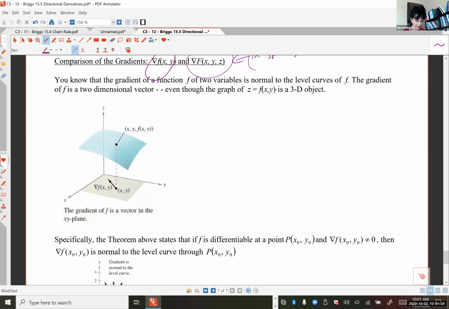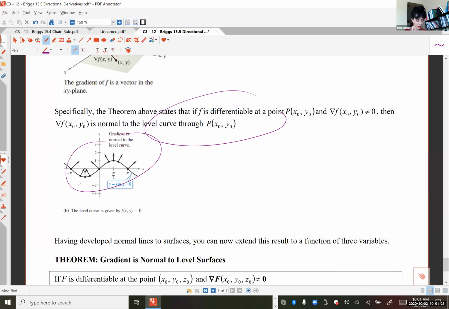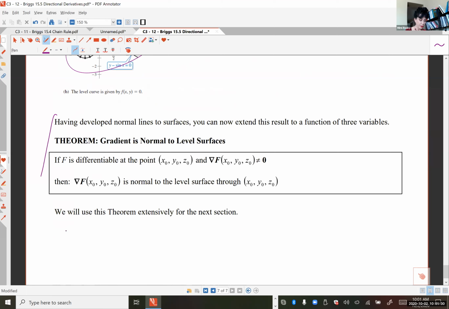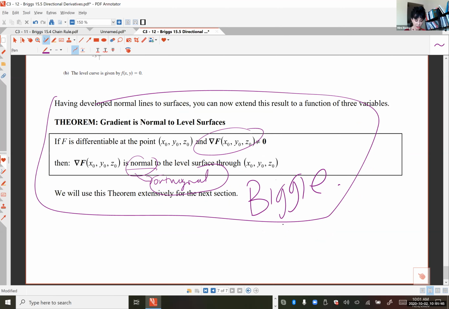You may want to read this a little bit. They're reiterating that gradients are always orthogonal to level curves. And the final big theorem is that 3-variable gradients are normal, aka orthogonal, to level surfaces. This is a biggie because we're going to use this in the next section.